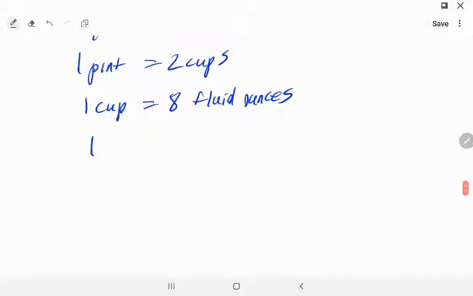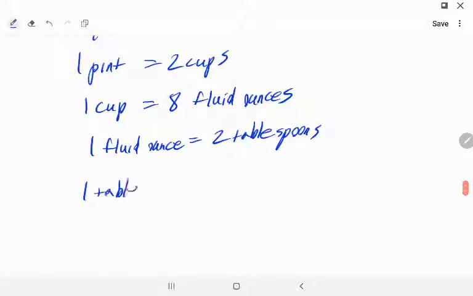And you notice that 1 fluid ounce is 2 tablespoons, and 1 tablespoon is 3 teaspoons.